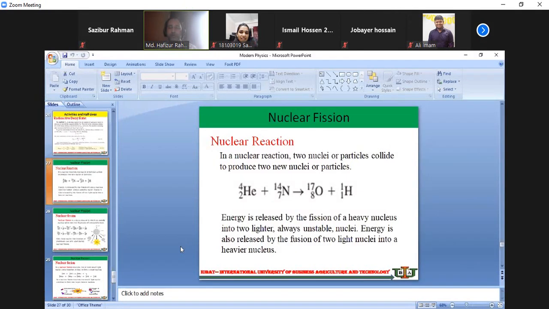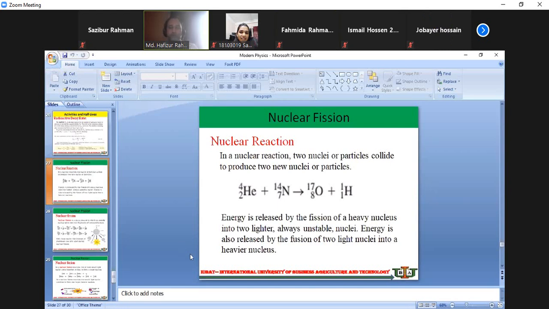But in nuclear reaction, what happens is collision. Collision between two elements happens and new elements are produced because of collision.